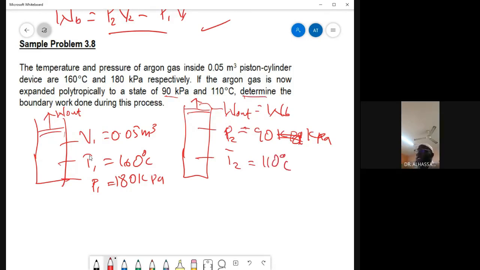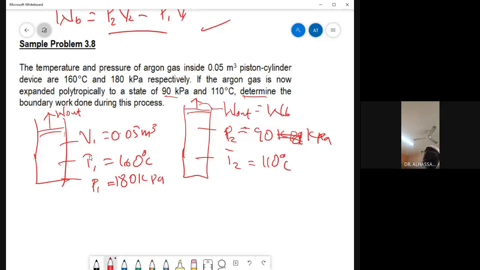Determine the boundary work during the process. So what is boundary work for polytropic? It is similar to boundary work for adiabatic or isentropic.